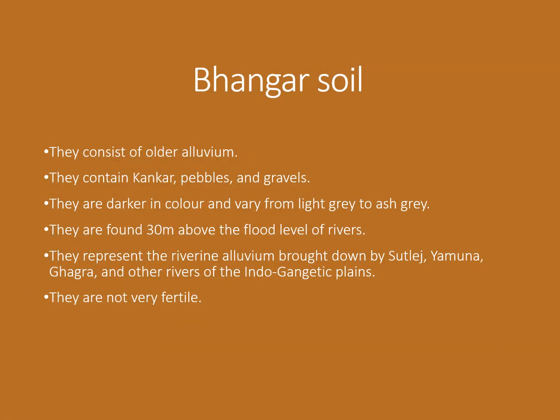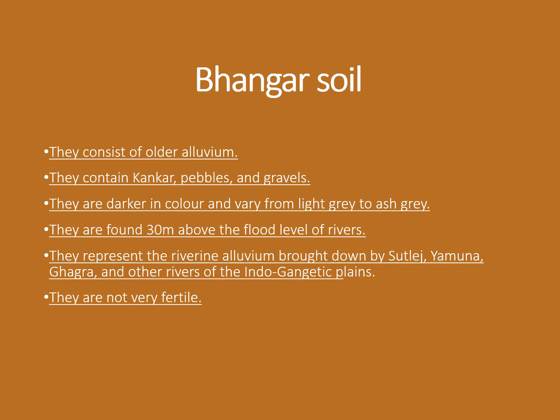Now let's talk about Bhangar soil. What are the characteristics here? Let's have a look. They consist of older alluvium. They contain kankar, pebbles, and gravels. They are darker in color and vary from light grey to ash grey.